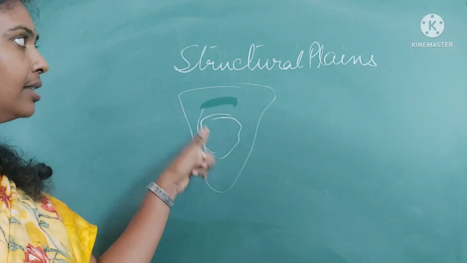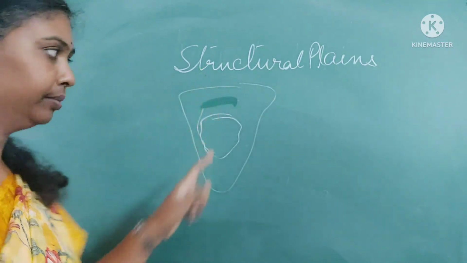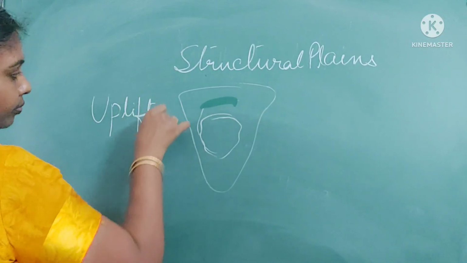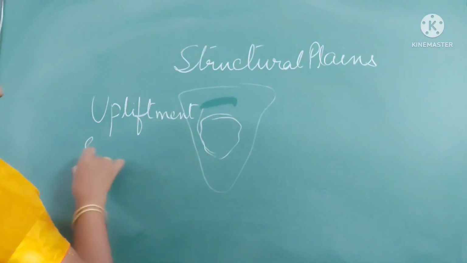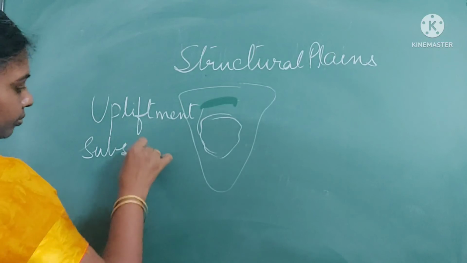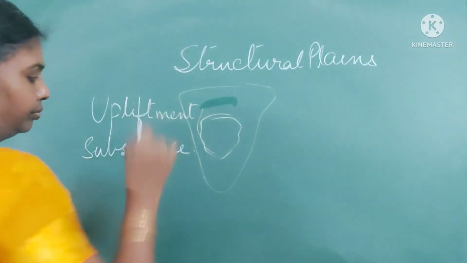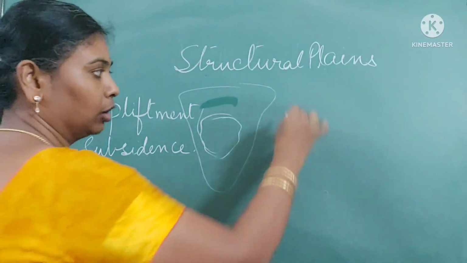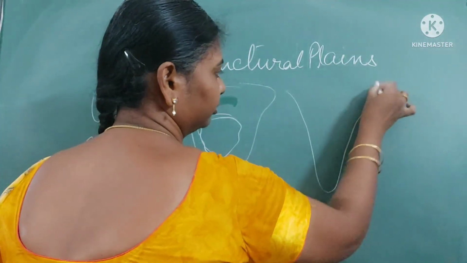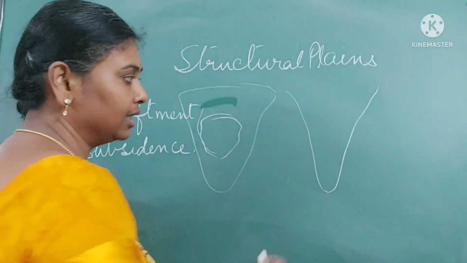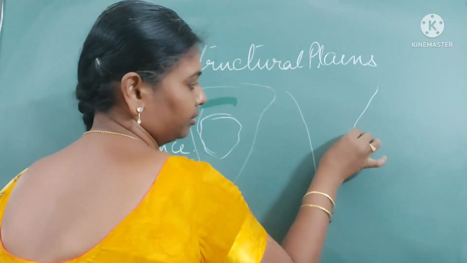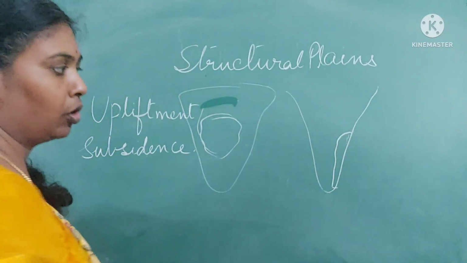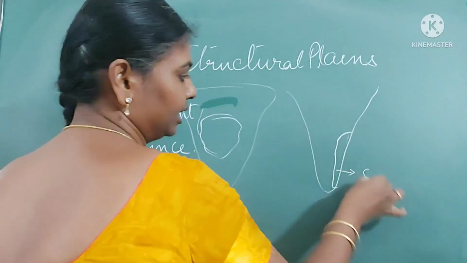So this is a structural plain, formed either by upliftment or subsidence. In case of the coastal plains of India, this part, the Coromandel coast, there is a slight subsidence.